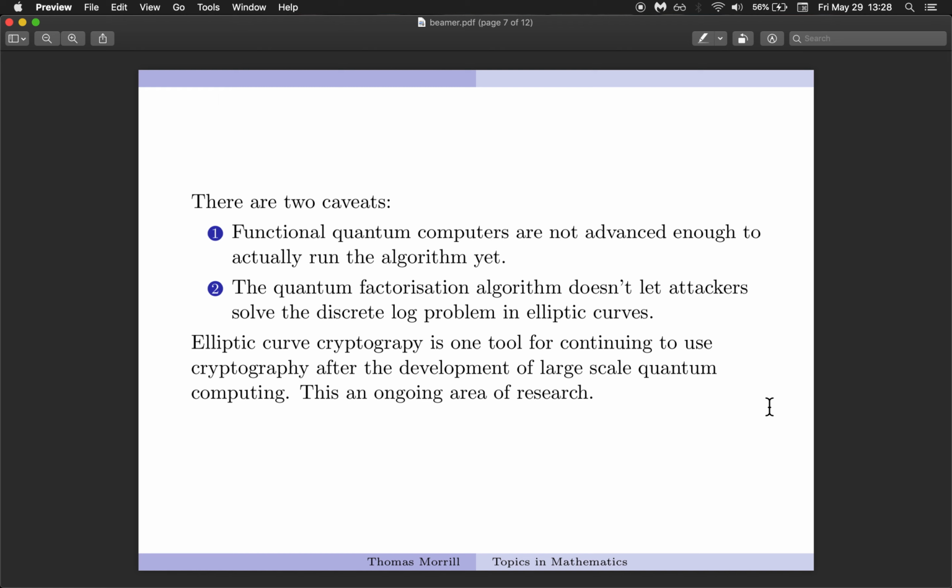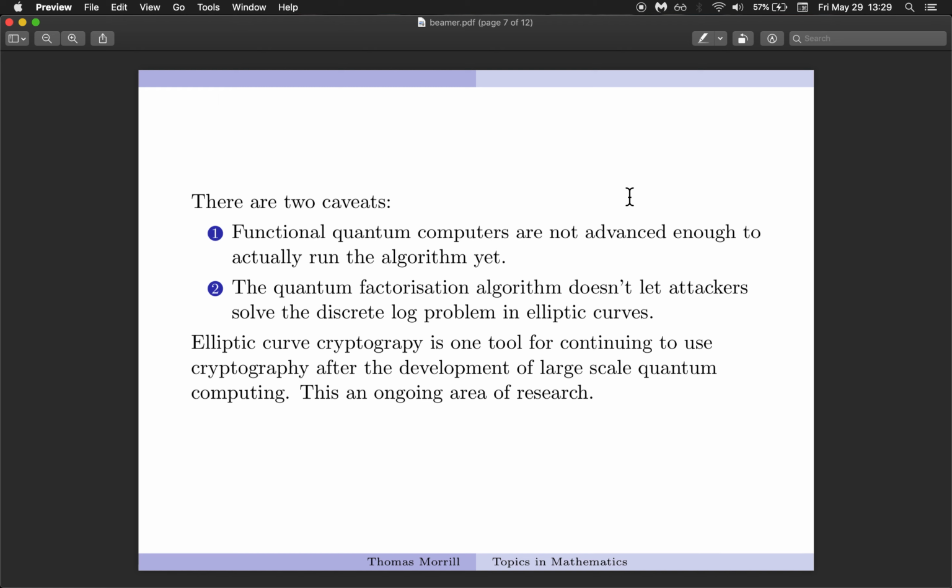I think a couple years ago, there was a successful demonstration where they got 2 quantum bits talking to each other and were able to factor the integer 15, I believe it was. So still very experimental, at least if you go off of what's been disclosed to the public, but that's another story. Right now, we don't think that anybody has a secret quantum computer that can just destroy encryption as we know it. The other catch is that the quantum factorization algorithm is only really a leg up on RSA.